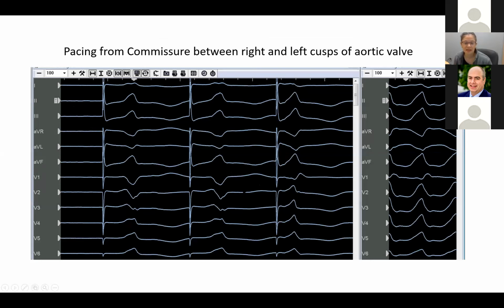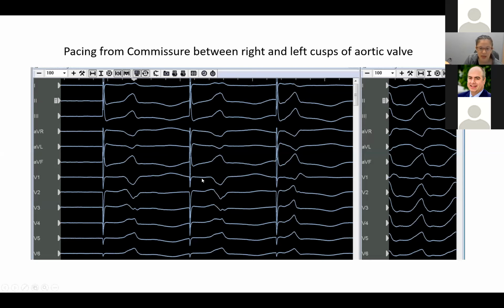So when we paced these areas, we were able to reproduce some morphologies that were similar to VT1, maybe with just a little bit earlier transition, so left bundle here, inferior axis, but with a long stim to QRS delay. That's more suggestive of a scar-related process, some kind of little channel that has longer conduction over towards the more rightward sites.